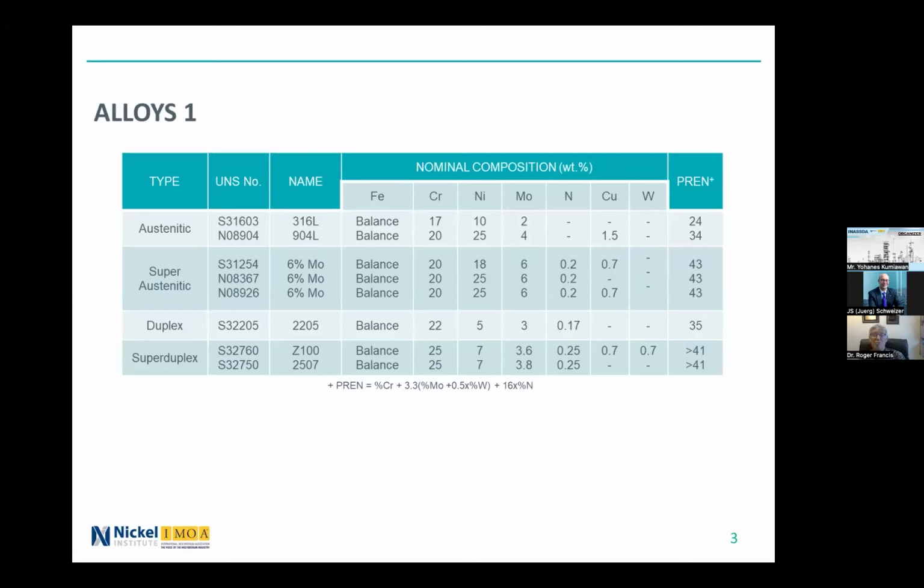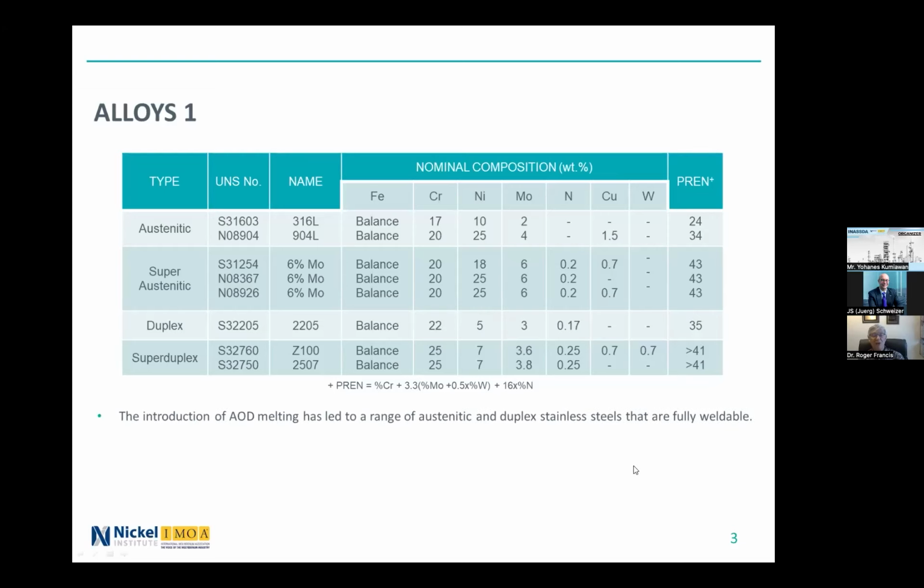Now you may see more than one formula around, but the one I'm using here is taken from ISO 15156 / NACE MR0175, which is the oil and gas industry standard for materials resistant to sulfide stress corrosion cracking. So it's very relevant to this talk today. And you can see that the 6 molybdenum alloys and the super duplex alloys in particular have very high PRENs.